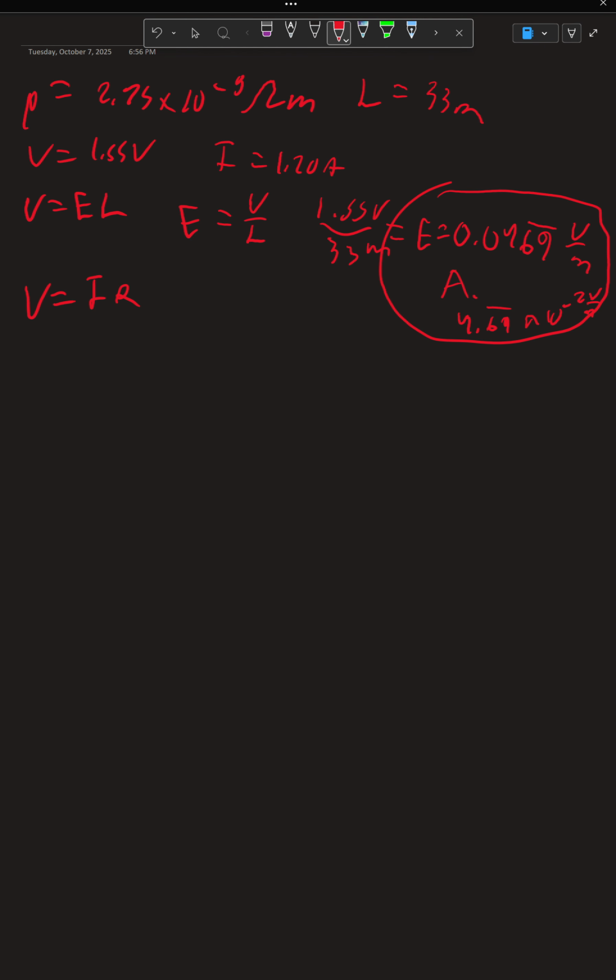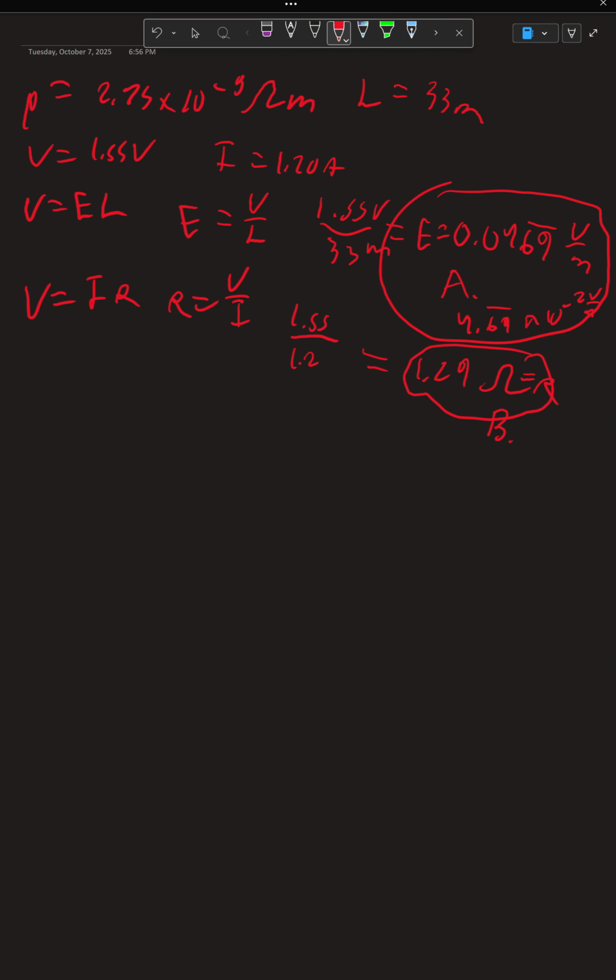So R equals V over I. V is 1.55 over 1.2, which equals 1.29 ohms. That's the resistance R, and that's part B.